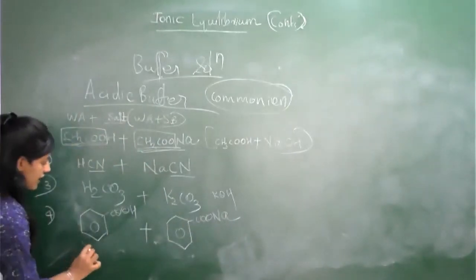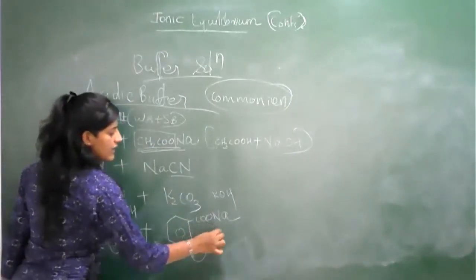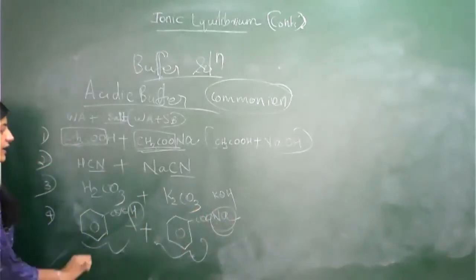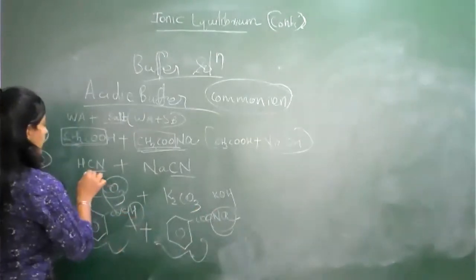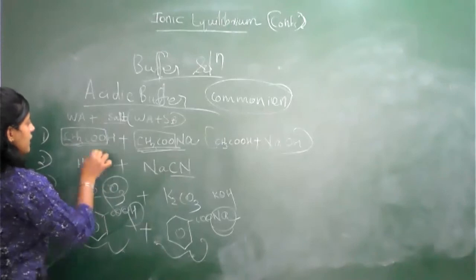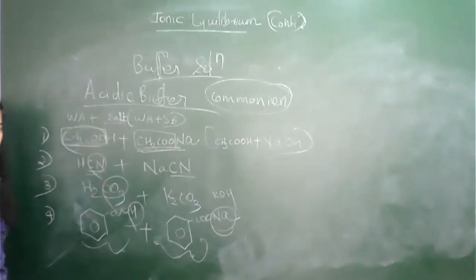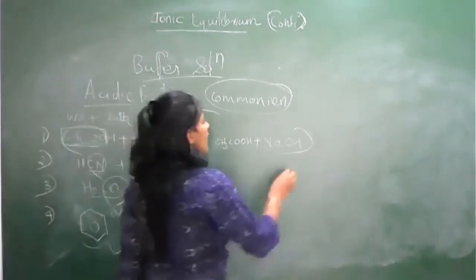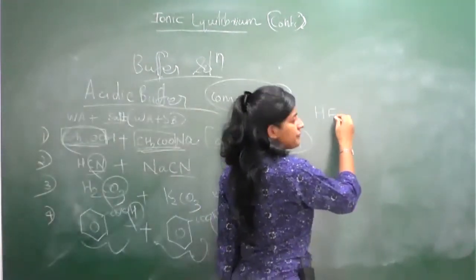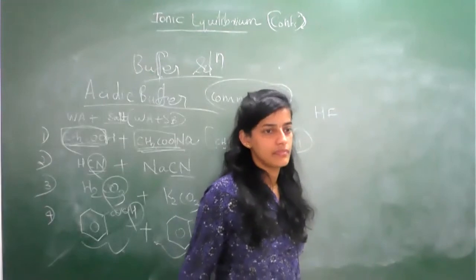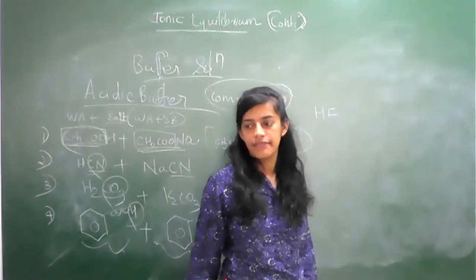This portion is the common ion, no? Only here the change is happening. That's why CO3, CN, COO, CH3COO minus, these are common ions. Now HF, suppose I am giving you HF.